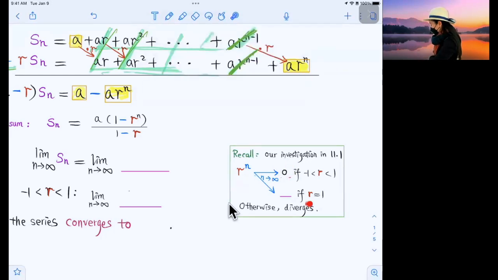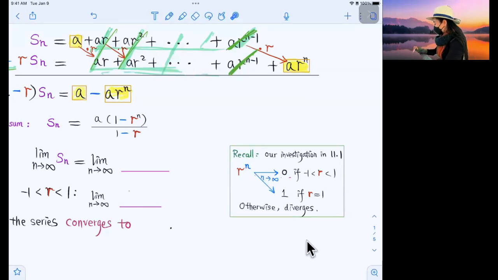And if r equals 1, 1 to the n is always what? Always 1. So that will converge to 1. So that was the result that we have from last time. r to the n, if r is between -1 and 1, it converges to 0. If it's 1, it converges to 1, and otherwise it diverges. What does it mean? Suppose r is, say, 1.5.